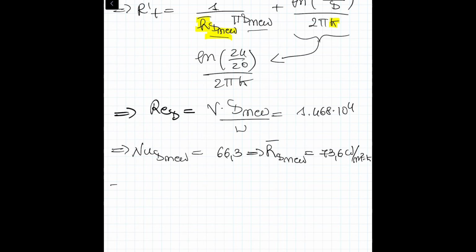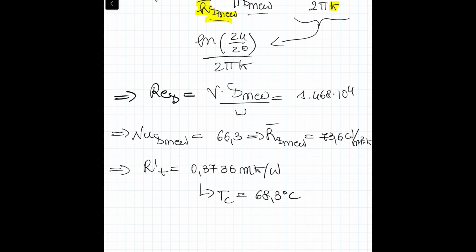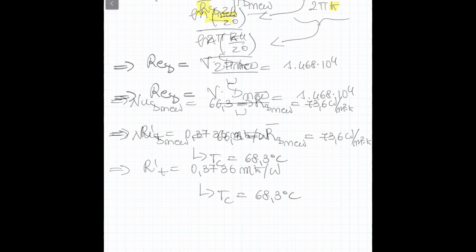Now, from this, we're able to understand that the thermal resistance of the circuit is equal to 0.3736 meter Kelvin over watts, and therefore, by just rearranging the energy balance we wrote out in part A, as we did before, we can find that the conductor temperature is equal to 68.3 degrees.